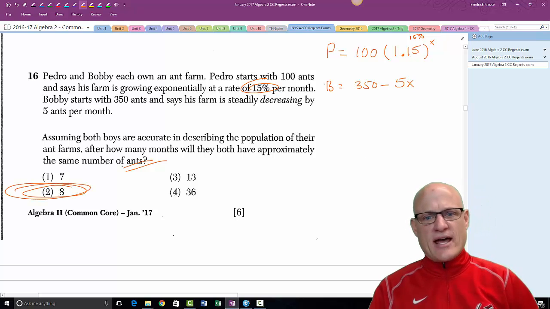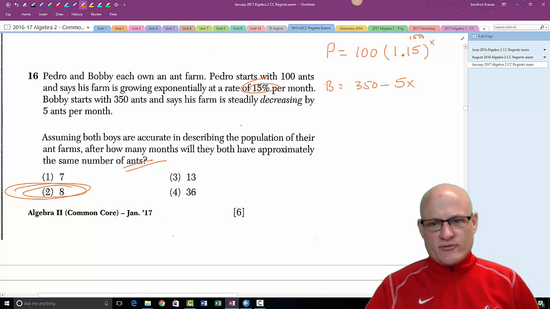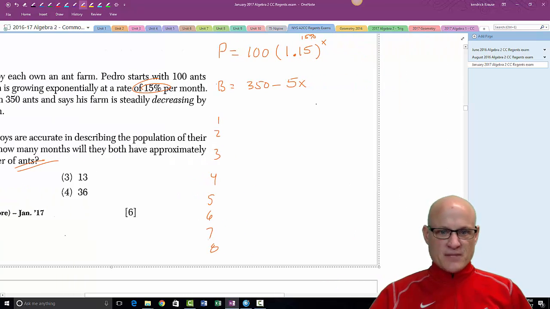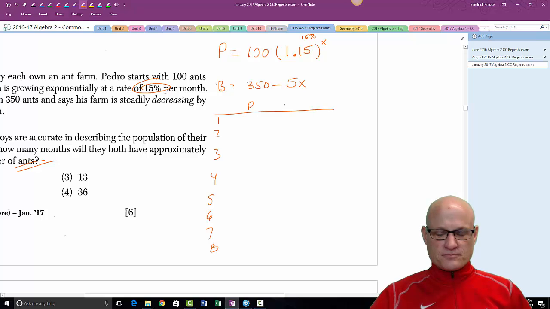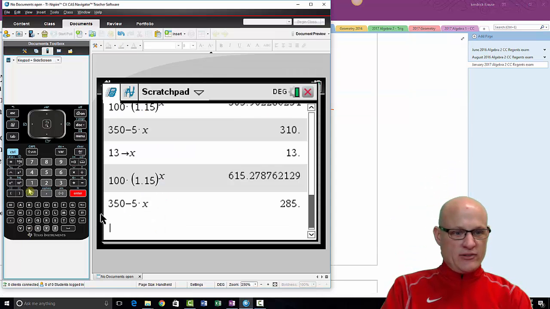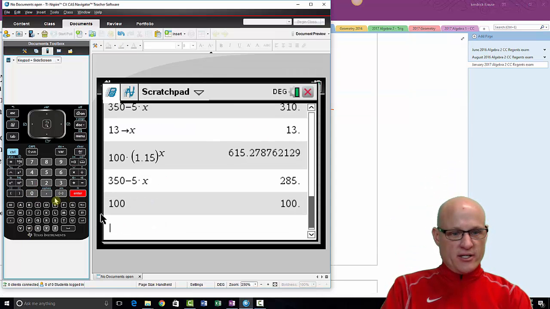Now, how could I have done that another way? I could have said 1, 2, 3, 4, 5, 6, 7, 8, and do Pedro and Bobby. I just got to keep multiplying by 1.15. So for Pedro, the easiest way is to take 100, enter it, and then multiply by 1.15.